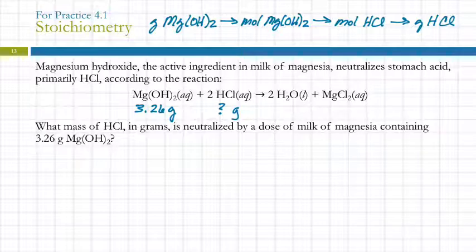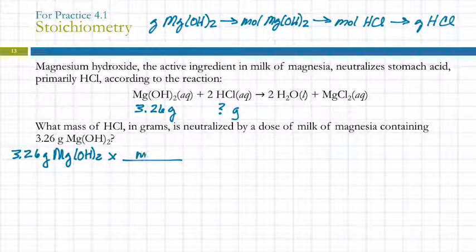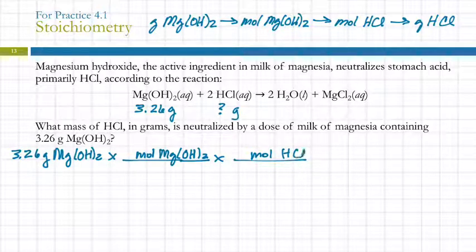So I've got my path, I can write out my equation. 3.26 grams of magnesium hydroxide. 3 arrows, 3 fractions. So this is moles of magnesium hydroxide. Next is moles of HCl. And next is grams of HCl. And then bring the previous unit down here so it cancels out.